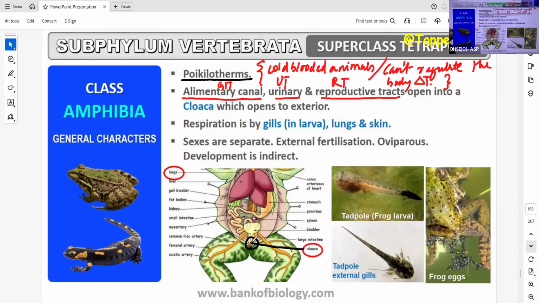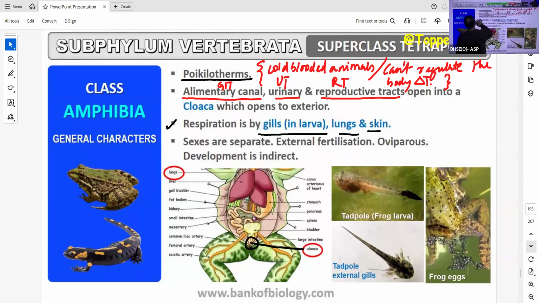So any passage to the outside, that is the fecal matter, in case of excretion, or even in reproduction, that is laying of the eggs, they are all associated with cloaca. Okay. Then respiration is by gills, lungs, skin.